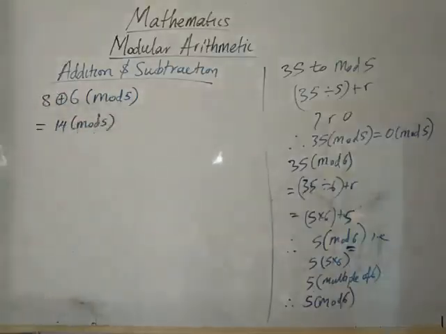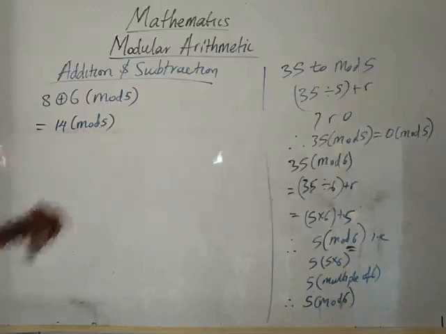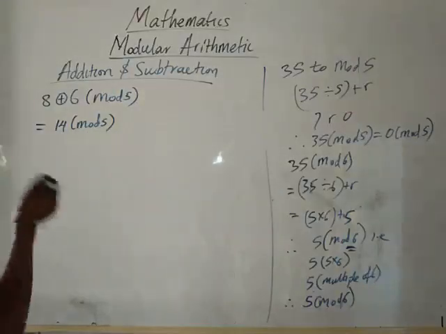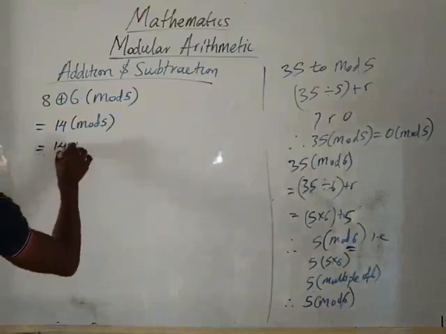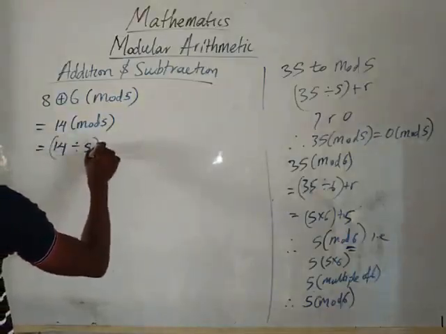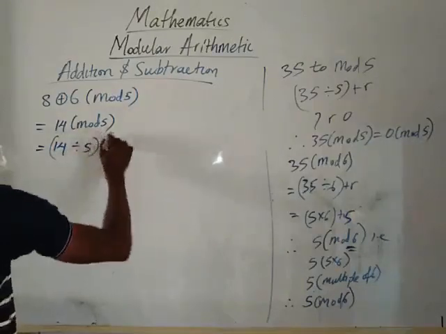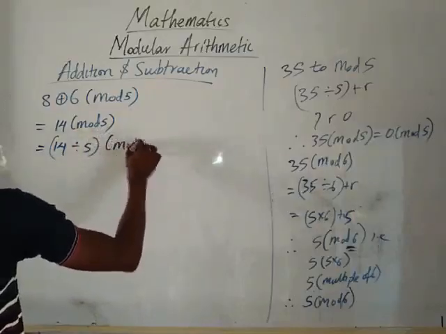After adding up, all I need to do is consider that this value is still bigger than the modulus. That means it is not in the lowest form. So I have to reduce it to its lowest form, which is going to give me 14 divided by 5, remainder, whatever it is, to mod 5.